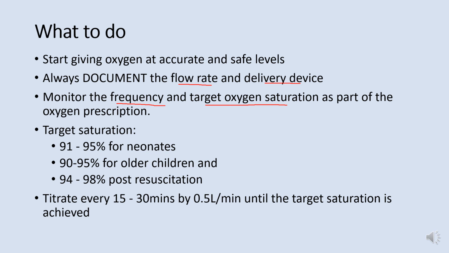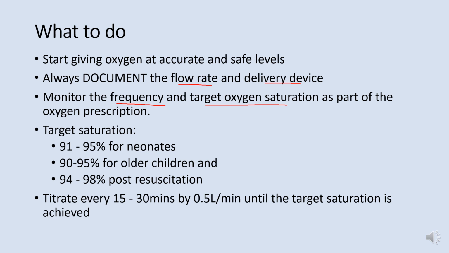For example, if you are administering oxygen to a child who is 3 years old, perhaps they came in with an oxygen saturation of maybe 85%. Okay, so you start off maybe with high flow oxygen or even low flow oxygen, standard flow rather.